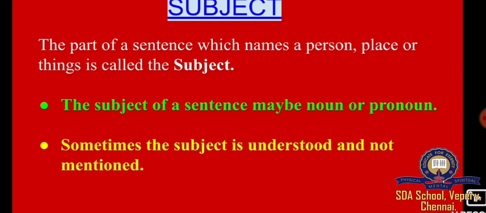The subject of a sentence may be a noun or pronoun. Sometimes the subject is understood and not mentioned. Okay children, I hope you all understood what is subject and how to identify the subject in a sentence.